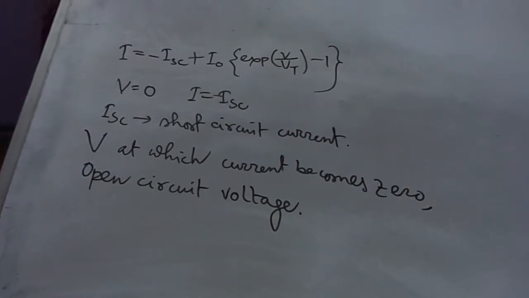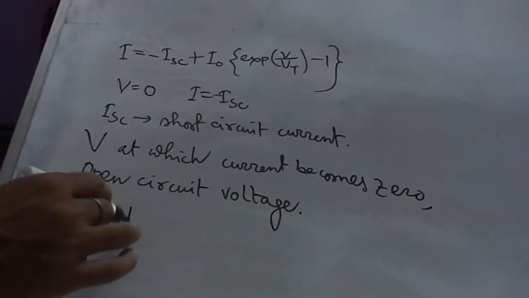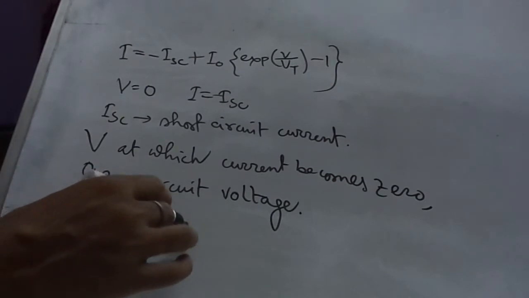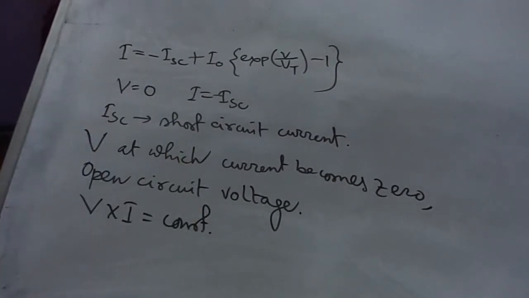The maximum power point can be obtained by plotting the hyperbola defined by V into I equal to a constant.